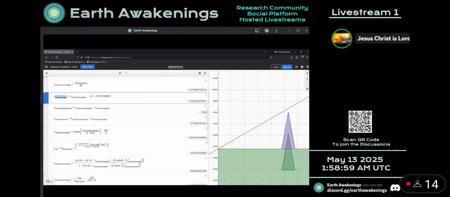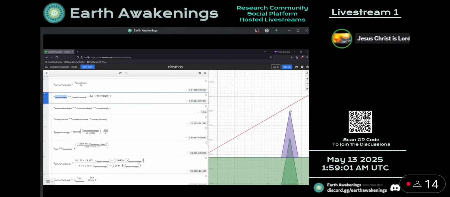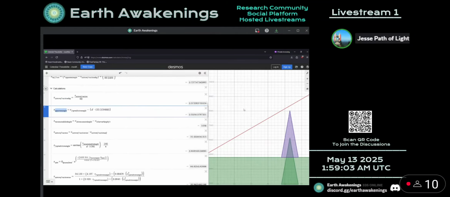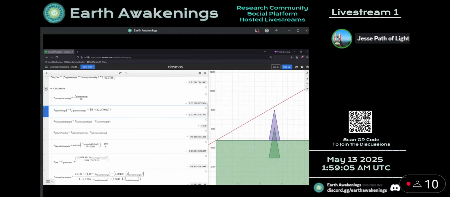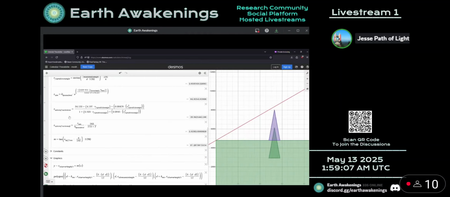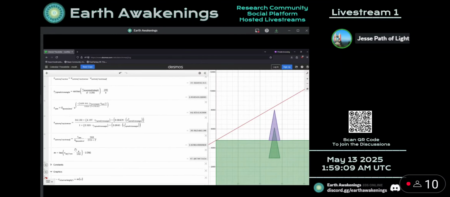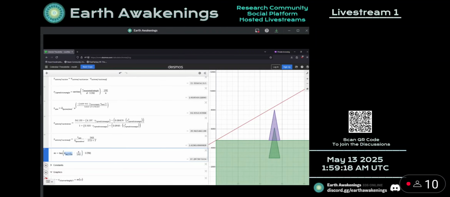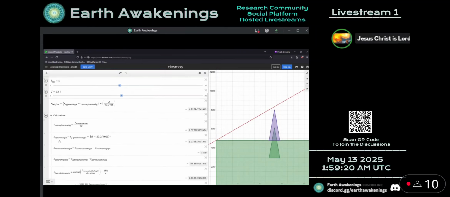So is this apparent angle for the mountain or the star? Neither. That's the Hefron angle. That's the result, the unrefracted altitude angle that Stellarium gives you in the final step of the Hefron method. No, this is X, this is the Hefron angle right here, X Hefron. This right here is apparent angle.